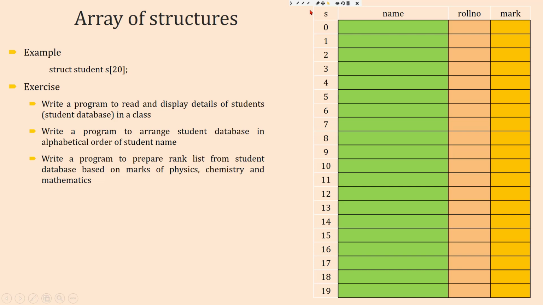So for example, if I have a table with name Rohit, roll number 2, mark 30, and some other name, John, roll number 20, mark 33.